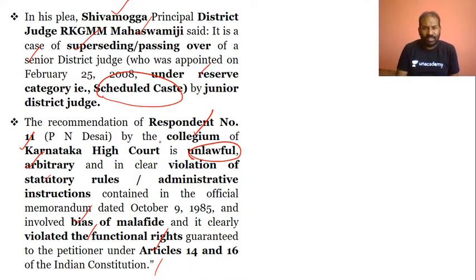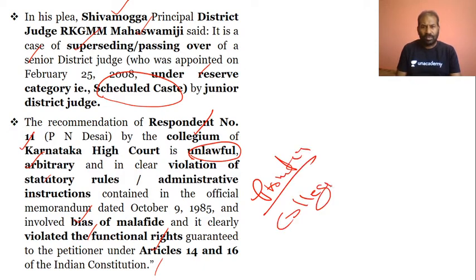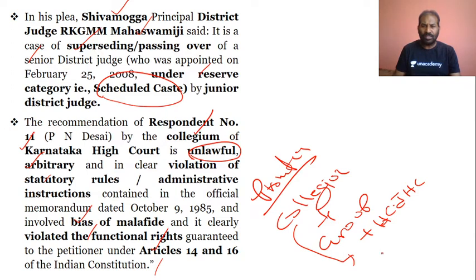So what it says is, who decides who gets the promotions? It is the Collegium. Collegium means a group along with the Chief Justice of the High Court, if it is in the case of the High Court, or, if the Collegium is in regards to the Supreme Court, the Chief Justice of India.